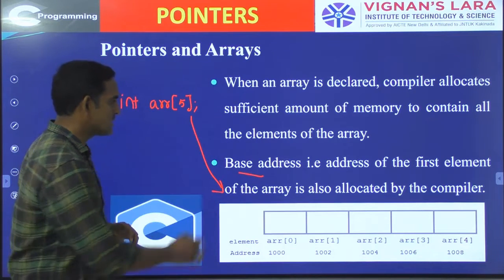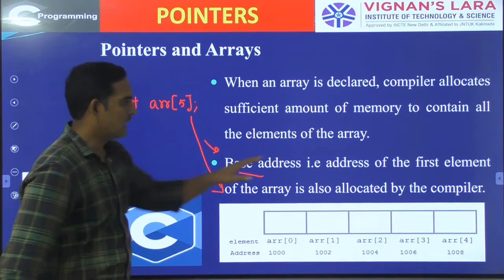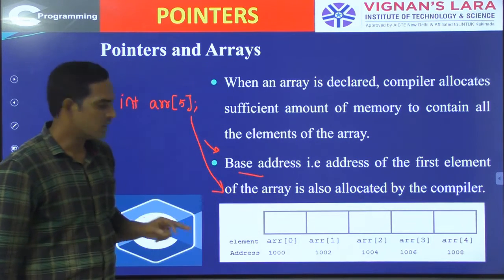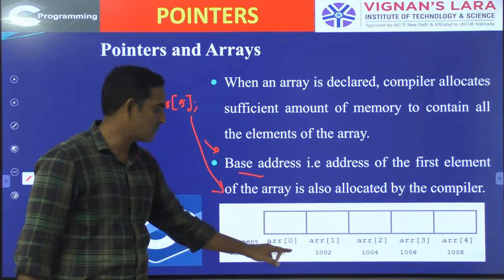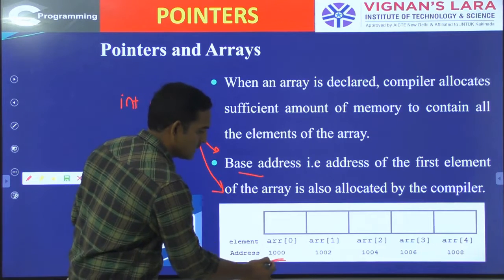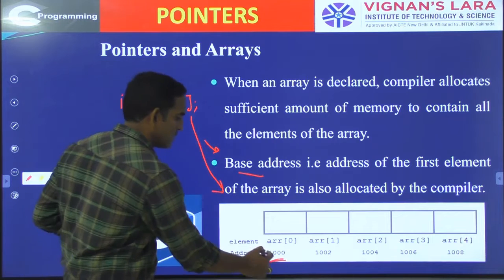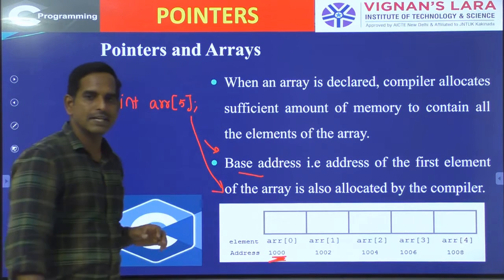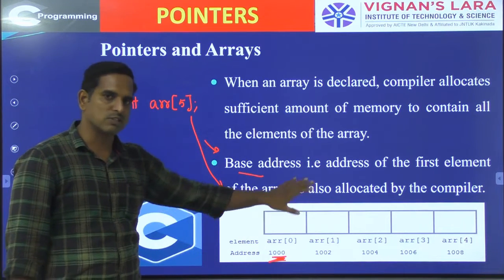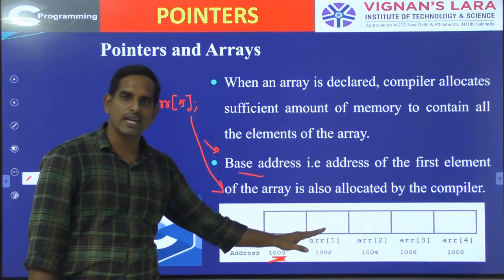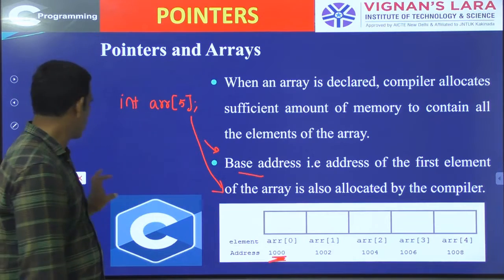The base address of the first element of the array is allocated by the compiler. So 1000 is the address of the first element, and we call it the base address of this array.